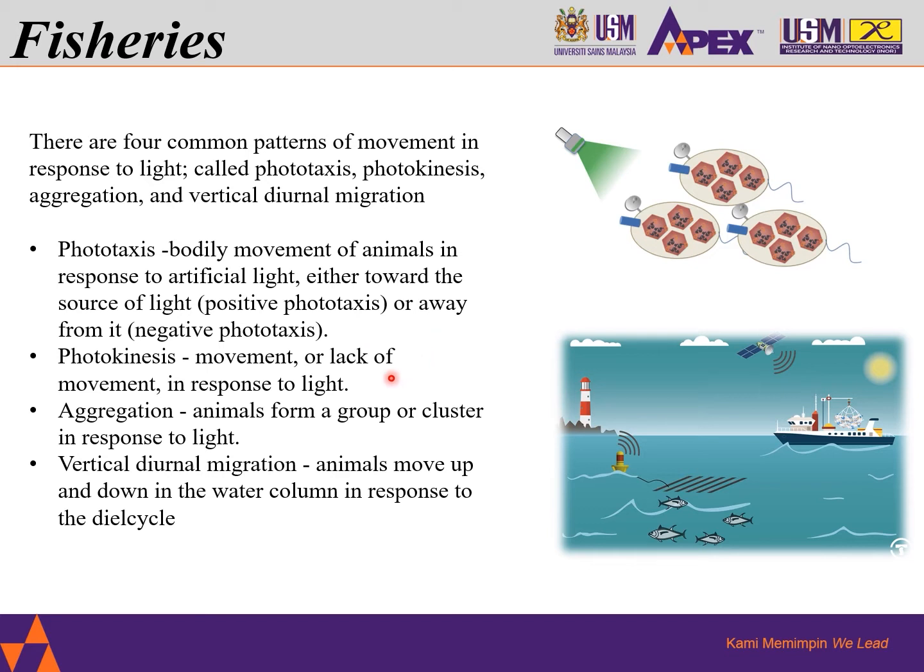Photokinesis is the movement or lack of movement in response to the light by the fish. Aggregation is where the animals form a group or cluster in response to the light. And finally, vertical diurnal migration is when the animals move up and down in the water column in response to the diurnal cycle. So this is an example of the different types of patterns that we can see here with the light sources.